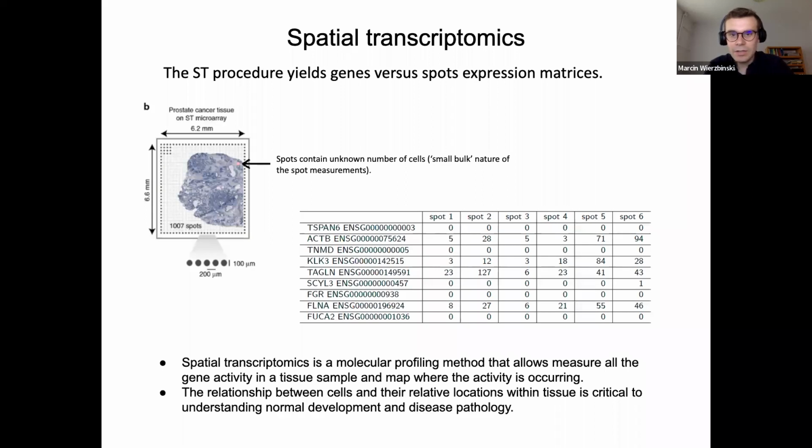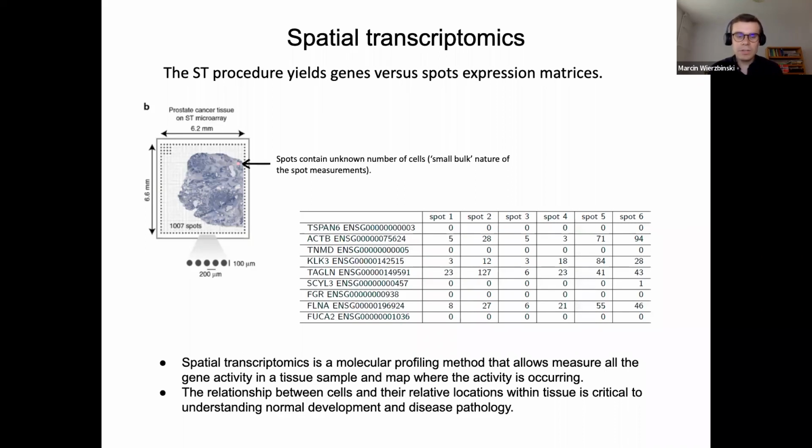types across the tissue. To address this problem, a useful technique is spatial transcriptomics. Spatial transcriptomics is a molecular profiling method that allows measuring all gene activity across the tissue and mapping where the activity is occurring.